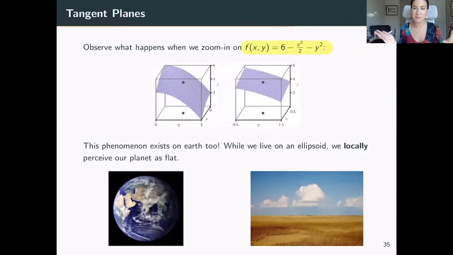And this is relevant to just how we exist on Earth. We live on a kind of bulging sphere, an ellipsoid, but on Earth, we perceive the Earth as flat. Here is a picture of some of the Canadian prairies that look very, very flat. We don't see the curvature of the Earth, versus if you go and find a YouTube video of people flying on a Concorde, which was the old supersonic plane.